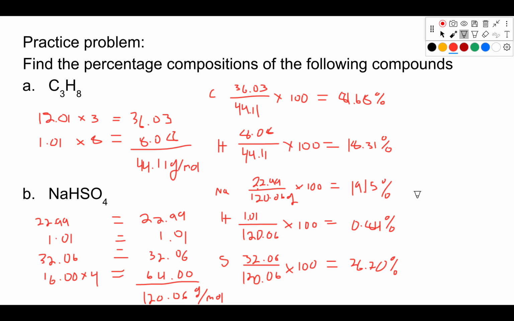And then the last one would, of course, be oxygen. So for that one, we do 64, because remember, it's not the molar mass of the compound, but the mass of that element in 1 mole of it, which we calculated over here.